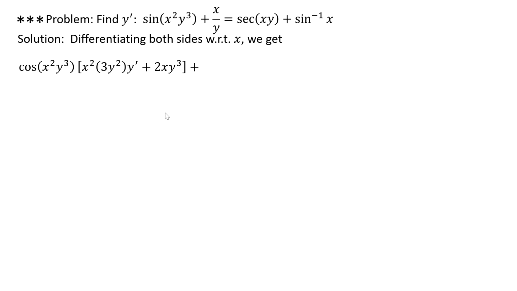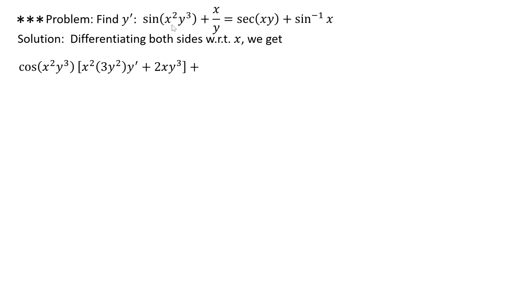The answer is yes. The derivative of sine of something is cosine of that something, times the derivative of that something itself, the argument. So now when we look at x squared y cubed, we are supposed to figure out d/dx of x squared y cubed.